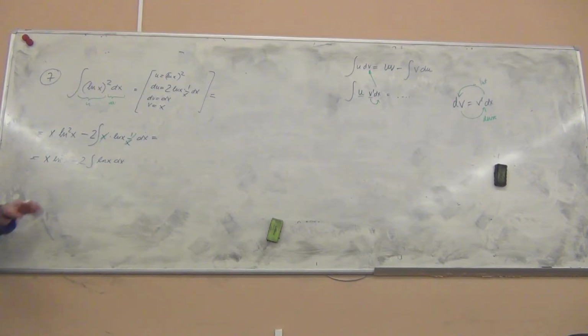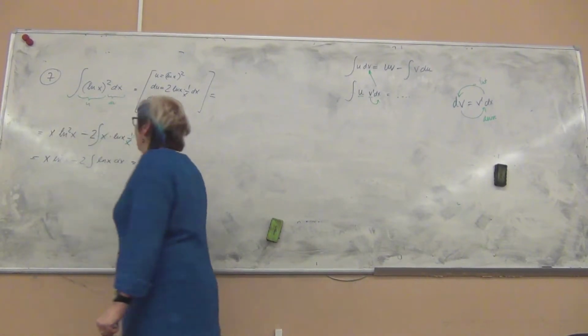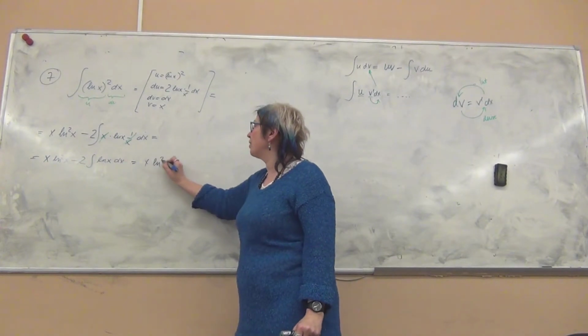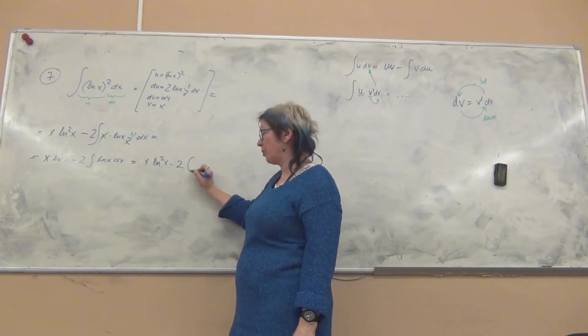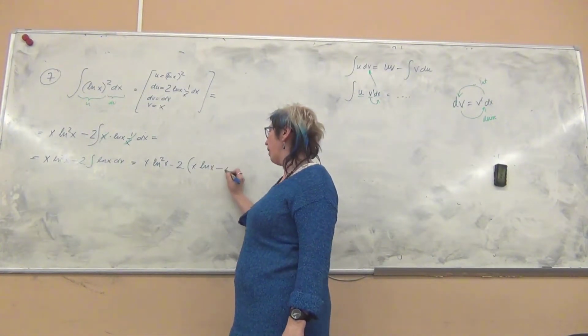And this is where you have to remember what was the first thing we integrated by the formula. It was just this. We can repeat it, or we can just put whatever we got there. So what we have is x ln squared x minus 2 times, anyone remember? x ln x minus x.